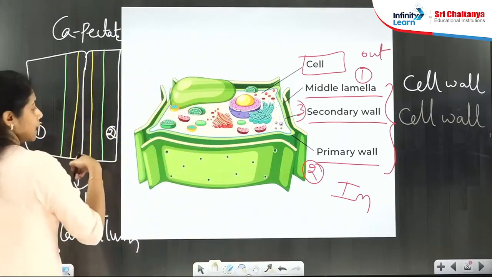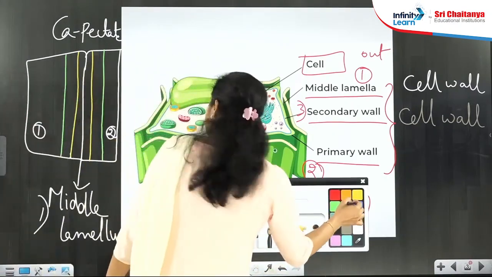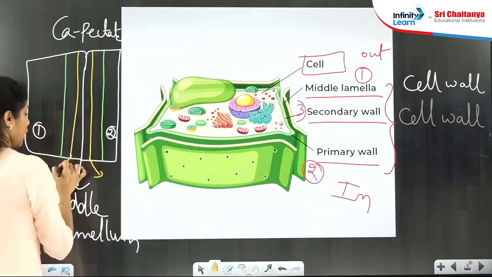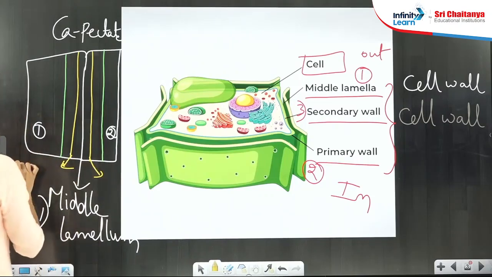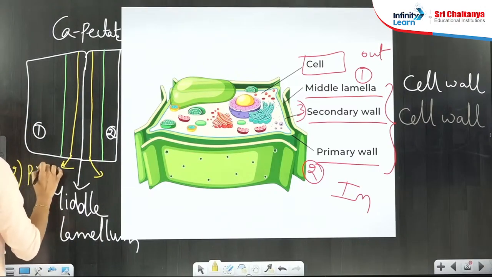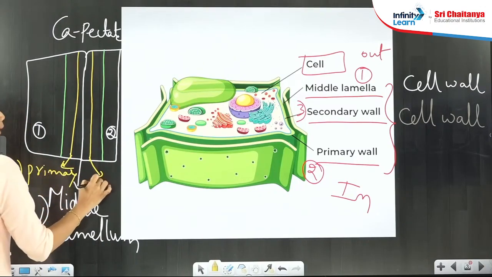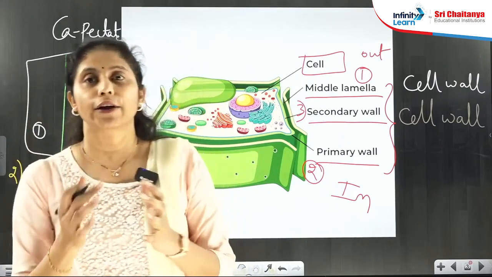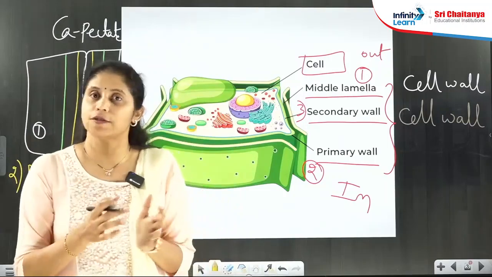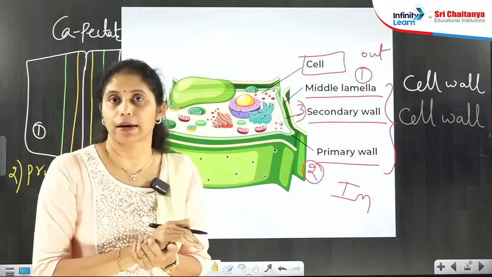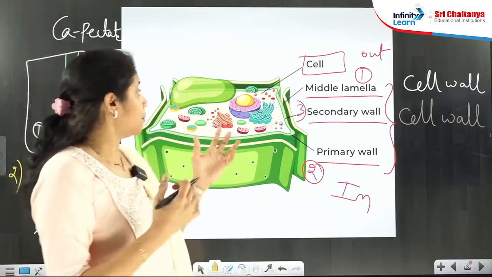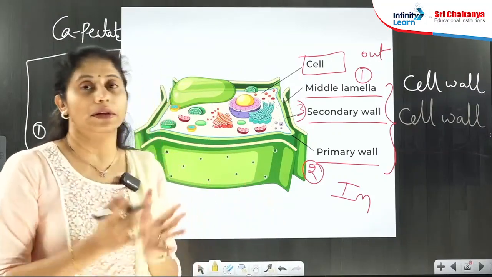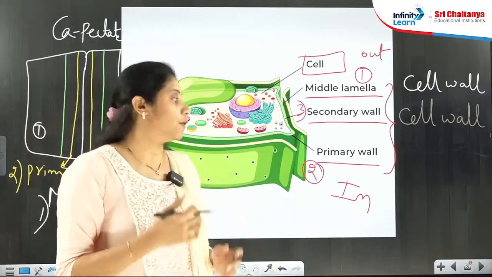Then next layer, internal to that we have the primary wall. This yellow color one, this is the primary wall, second one. Always on the inside of the middle lamellum only, the primary wall is formed. Always it is formed on the inside. And primary wall, generally I am taking the plant cell because this is the plant cell I have taken. So in the plant cell, the primary cell wall is mainly made up of cellulose.